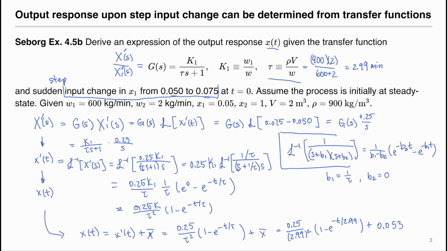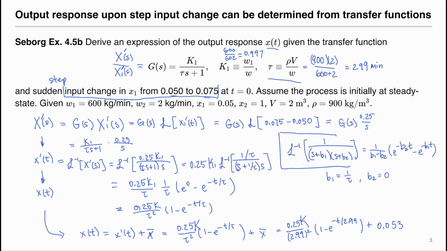I noticed that I forgot a k here. Let's put the k back. K is equal to w1 divided by w. That's 600 divided by 602, which is negligibly close to 1.